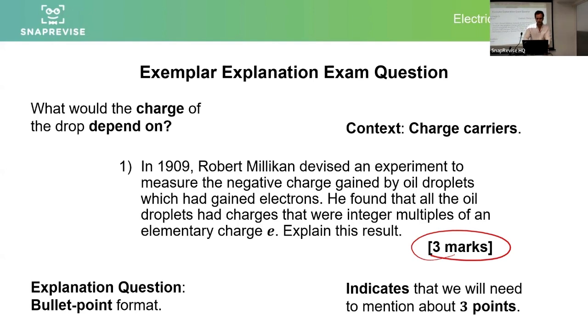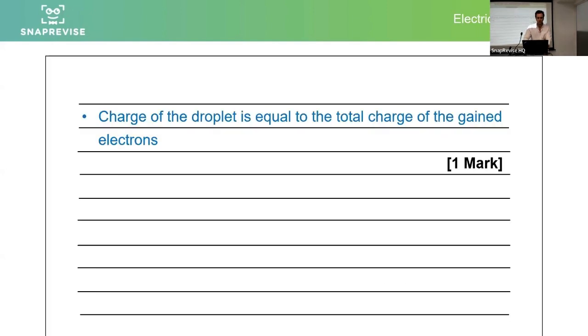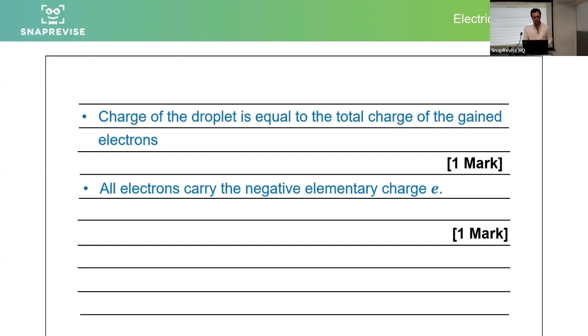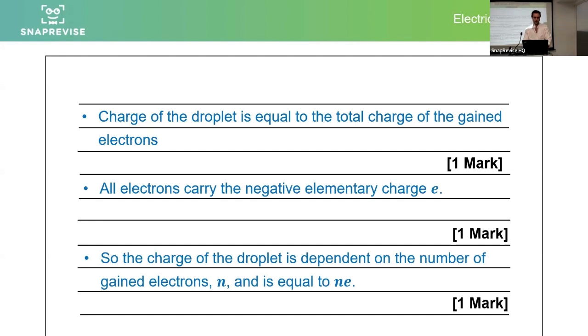Let's see how that matches up with the mark scheme, perhaps. What would the charge of the droplet depend on? Okay. Yes. Charge of the droplet is equal to the total charge of the gained electrons. Yes. All electrons carry the negative elementary charge E. These are just physical basic facts. Remember, start with our explanation questions. We just want to state what is true. All electrons carry E. The charge of the droplet, you know, what is that? And then 1 point, sort of logical deduction.